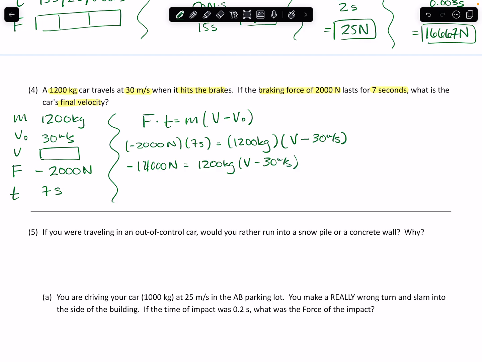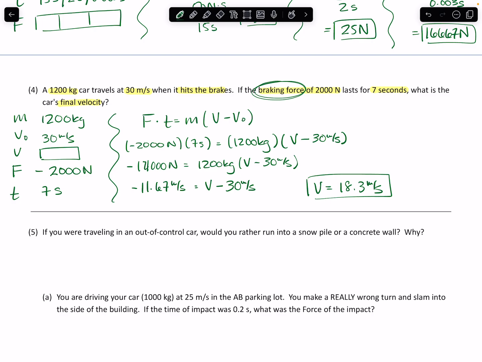So I'm going to divide both sides by 1200. That's going to leave me with a negative 11.67 meters per second, and that's going to be equal to v minus 30 meters per second. I add that 30 meters per second to both sides, and I end up with a final velocity of 18.3 meters per second. And I ask myself, is that reasonable? It is. It's less than my initial velocity, which I would expect if I am braking.